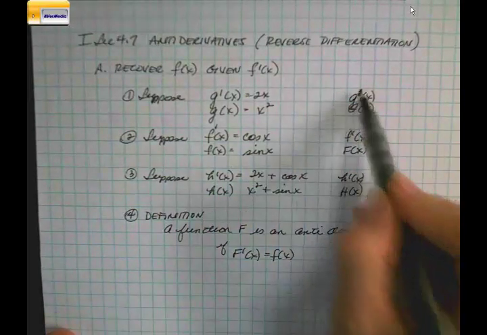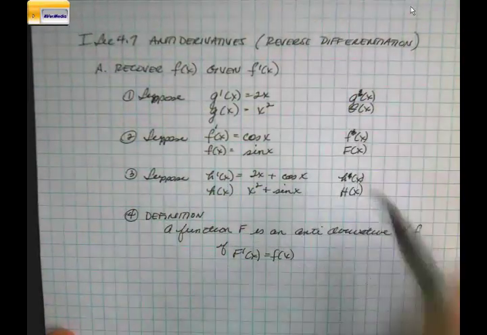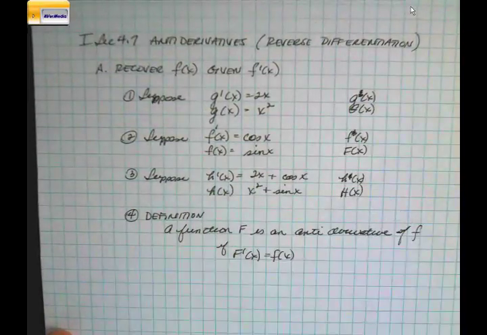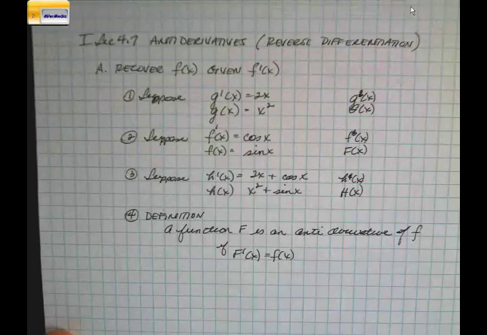Okay, so we need to take these primes off of here to be consistent. The antiderivative of the lower case is the higher case. It's a little confusing, but that's how they're doing the notation.